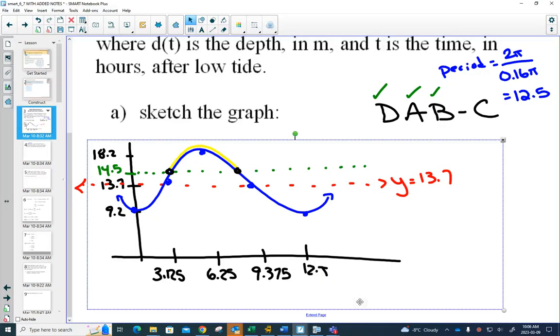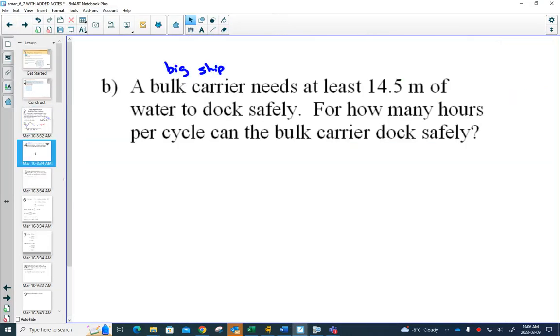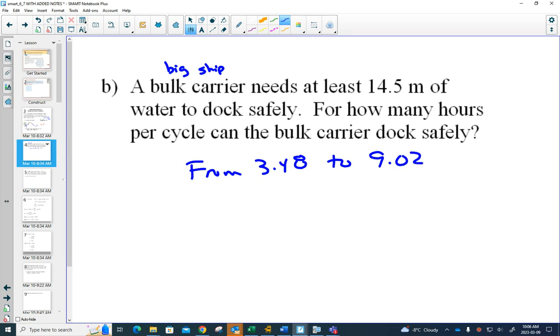So if we go back to our notes, how many hours is that if we take 9.02 and minus 3.48?